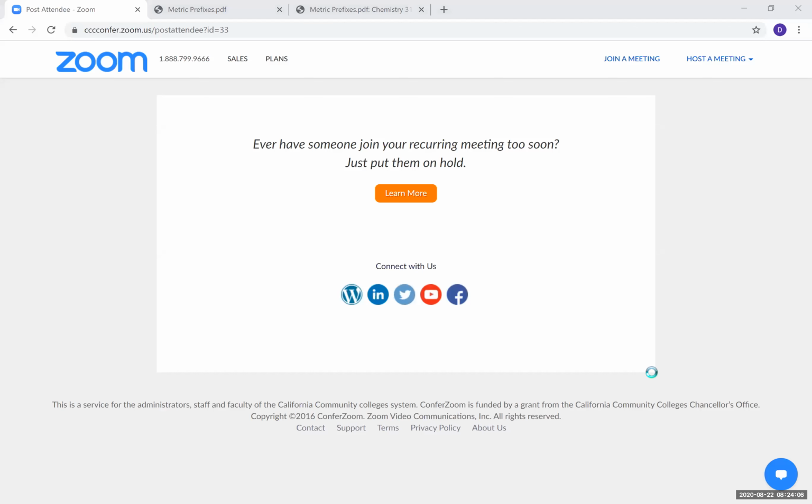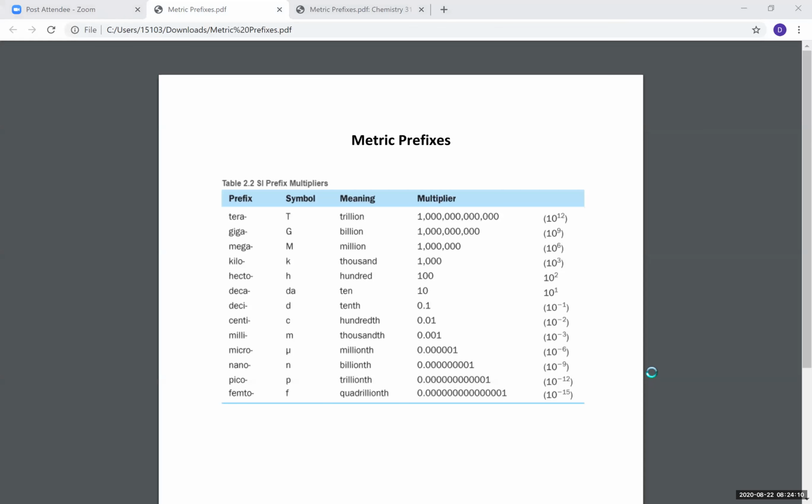So I gave you a handout, I'll show it to you. Here is the metric prefixes, and those are taken right out of the textbook.